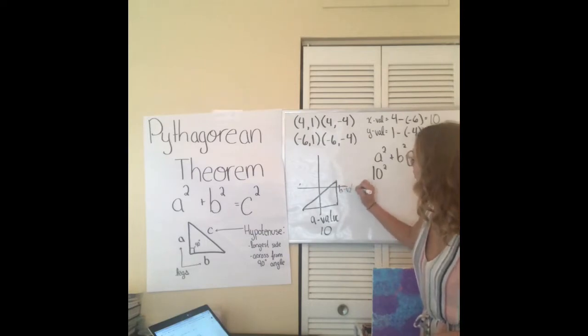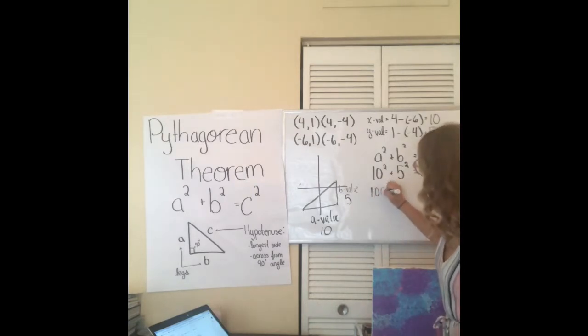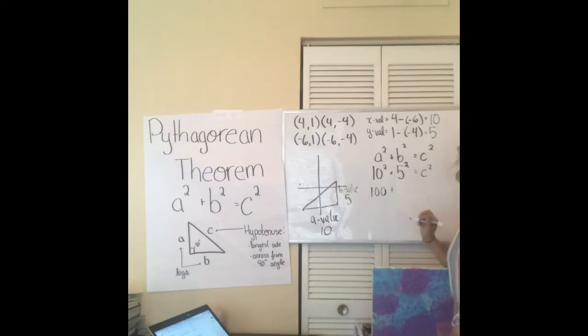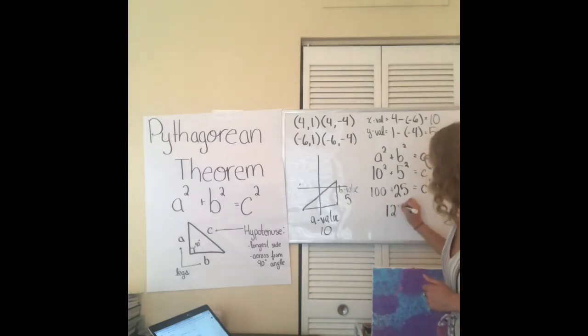In this case, it is 5. So my b value is 5 squared from the formula equals c squared. 10 squared is 100 plus 5 squared is 25 equals c squared. 100 plus 25 is 125 equals c squared.